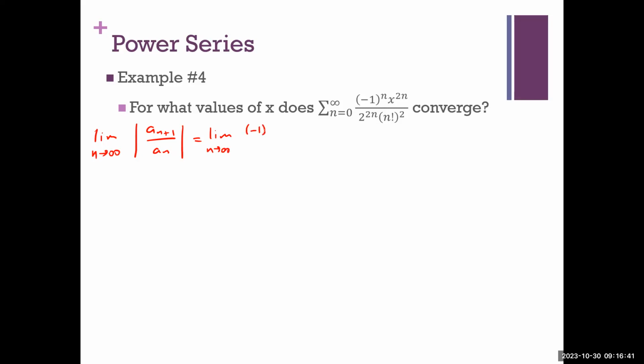So this becomes -1 to the n plus 1 times x to the what? 2n plus 2 over 2 to the 2n plus 2 times n plus 1 factorial squared, times the reciprocal of all this stuff: 2 to the 2n times n factorial squared all over -1 to the n x to the 2n.